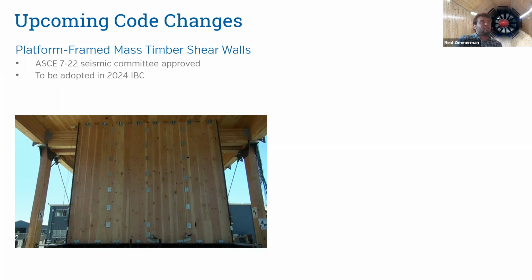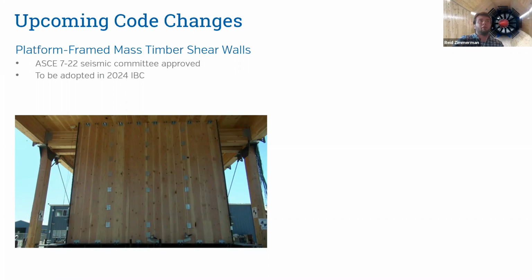But even though it's not necessarily available in the code yet, we think that as soon as we see ASCE 7-22, which, seeing how things are going, will be here before we know it, when ASCE 7-22 is published, I think we'll be able to take that to jurisdictions as a performance-based design light, meaning you're going to follow the prescriptive procedures, but you're still going to have to invoke an exception to the building code.